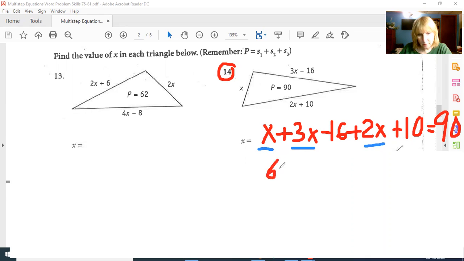So 6x, and now we have to combine our constants, our negative 16 with our positive 10. What does that give us? Well, it gives us a minus 6, right? Negative 16 is like you owing me $16, you pay me 10 of it that you have in your pocket, you still owe me 6. So 6x minus 6 equals 90.